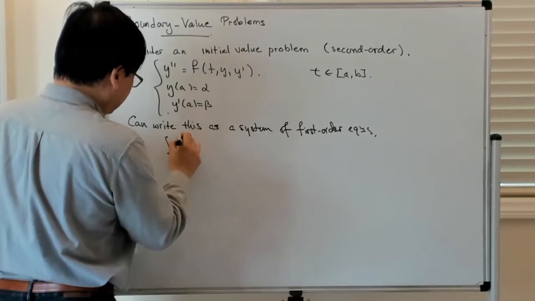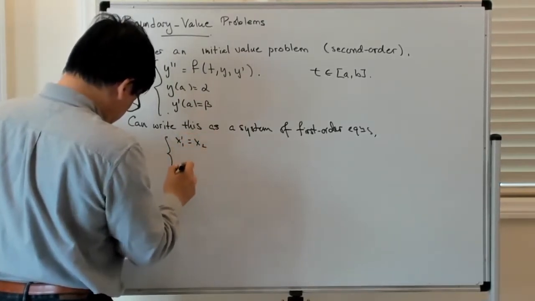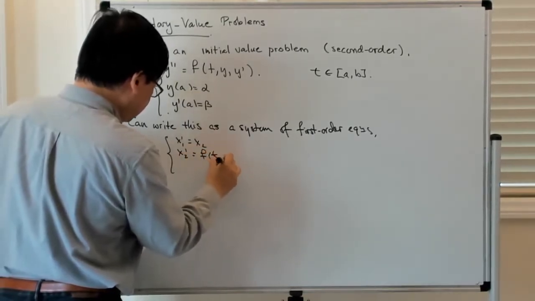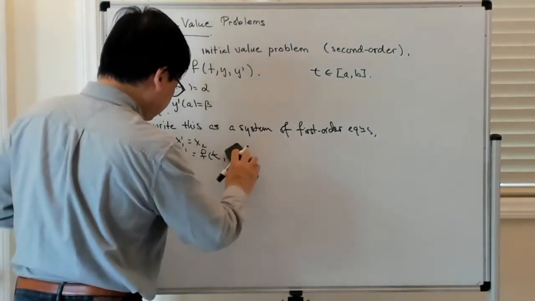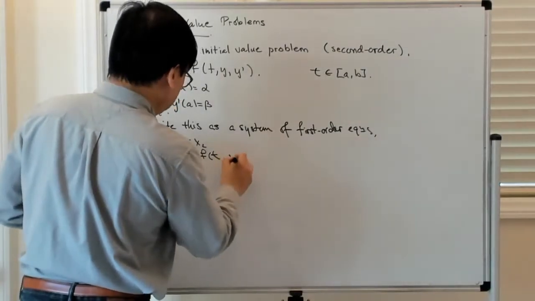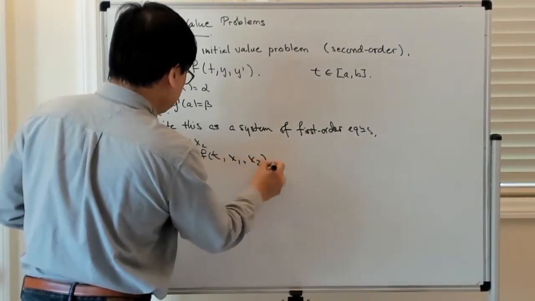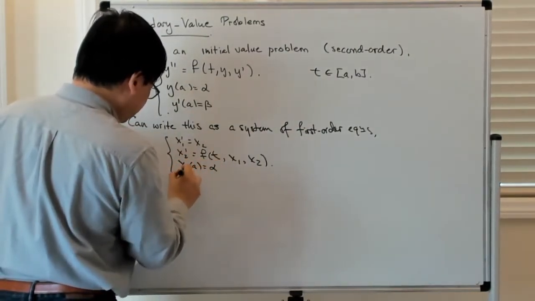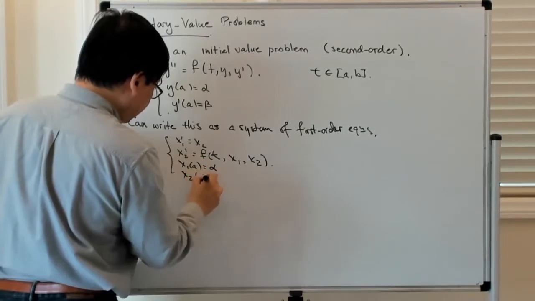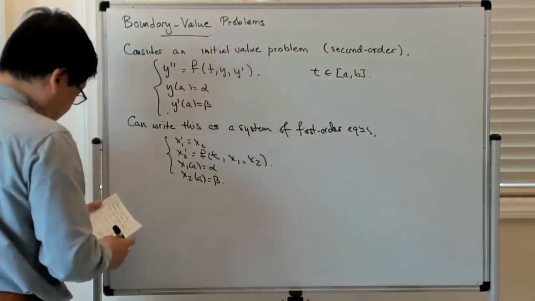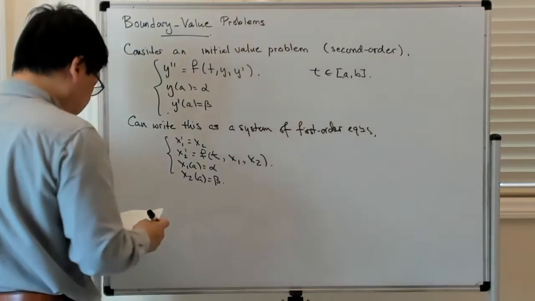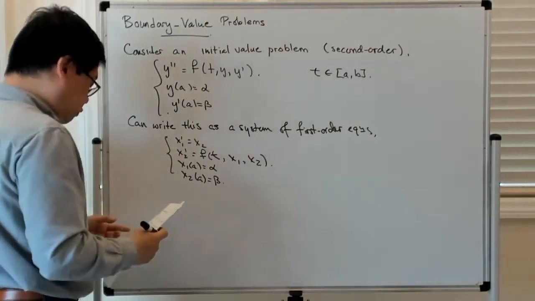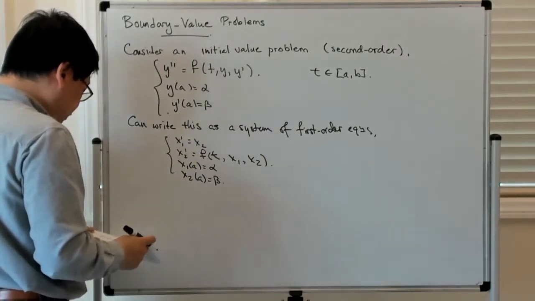So let's say x1 prime is equal to x2, and then x2 prime is equal to f of t, x1 and x2, and then x1 at a is equal to alpha, and x2 at a is equal to beta. And of course we talked about one-step methods for solving these things.